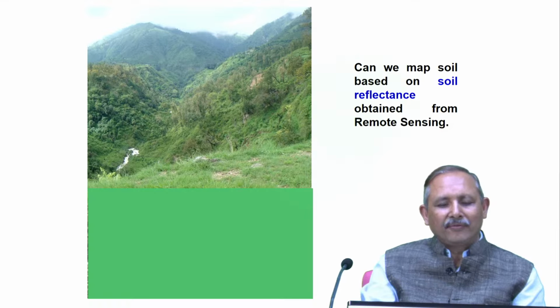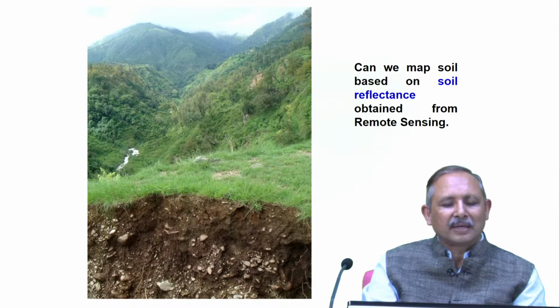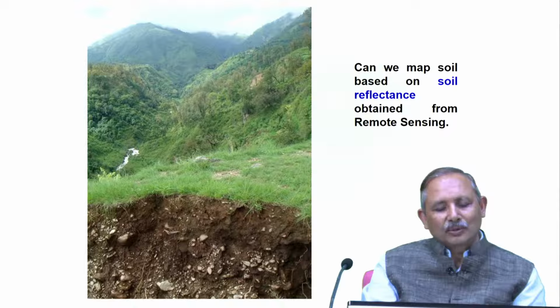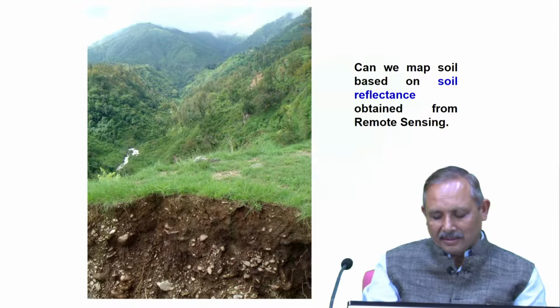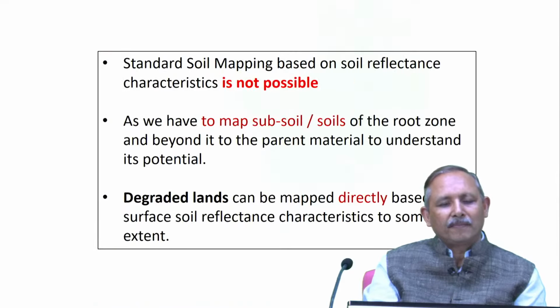If I take a cross section in this area, I am getting soil information, because soils are darker in color, having stones also within, or coarse fragments. So I can say that remote sensing data cannot be directly interpreted for the mapping of soil.